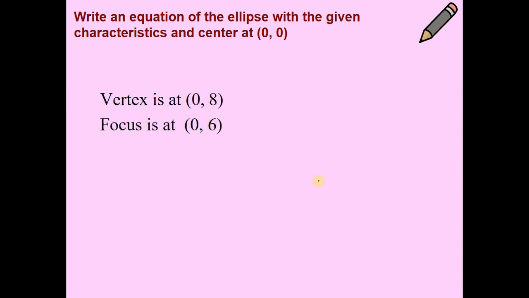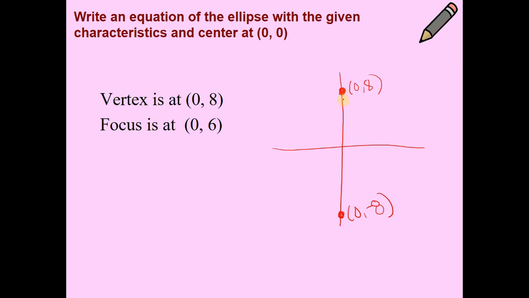Let's try another one here. My vertex is at 0, 8. My focus is at 0, 6. We're going to need to do some drawing here. So I have a vertex of 0, 8, so I'll be right here. That tells me my ellipse has a vertical major axis, since this is my vertex, which tells me as well that my other vertex is located at 0, negative 8.